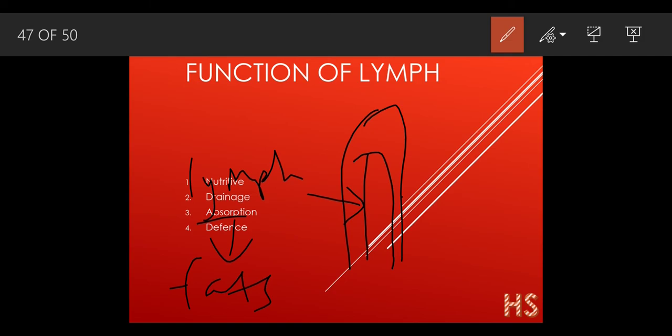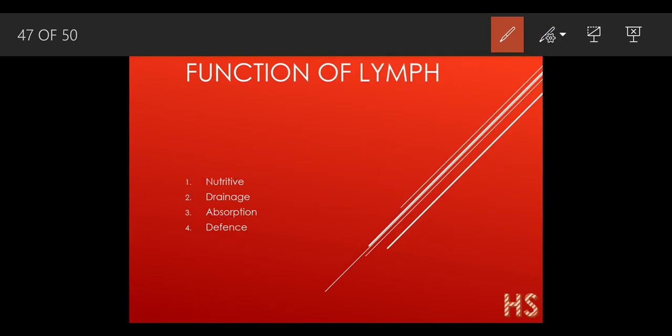So the function of this lymph is to absorb this extra fat, and they are also called the lacteals, which are located in the intestinal villi, and they also provide the defense mechanisms. As the lymph is highly composed of WBCs, that is the lymphocytes and monocytes.